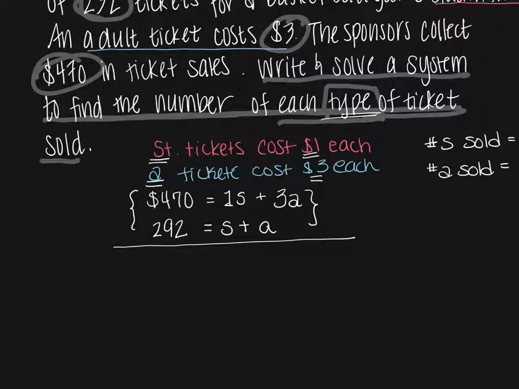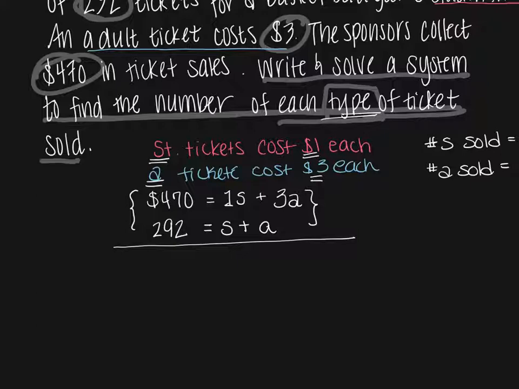So what does that tell me? What does my a represent? Well, my a represents the number of adult tickets. So the number of adult tickets that were sold is 89. I still need to figure out the number of students sold. So I can come back up and plug 89 back into this equation. Let's choose 292 equals s plus a.